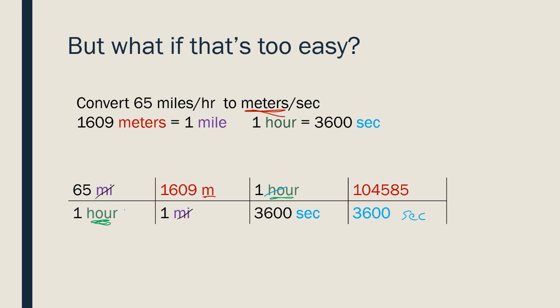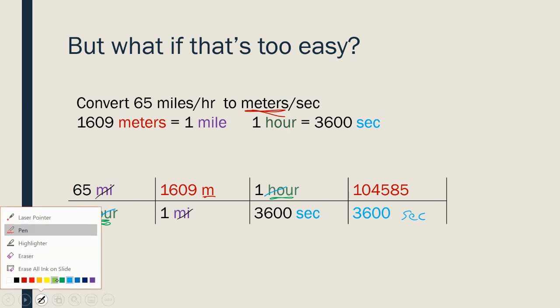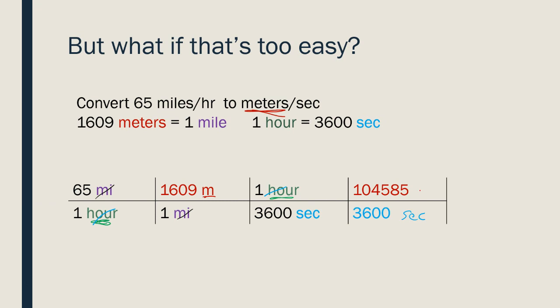And in the top, we have meters. And so meters per second is what our units are as an answer. So you multiply 65 times 1609 times 1, and you get 104,585. 1 times 1 times 3,600 is 3,600. And then you divide those, and you get 29 meters per second.